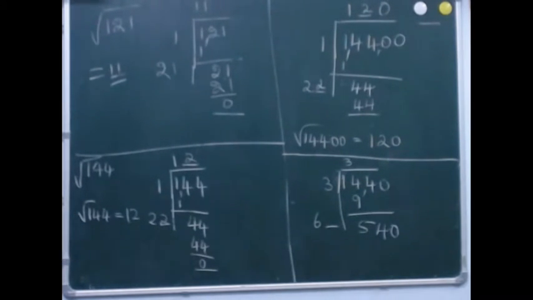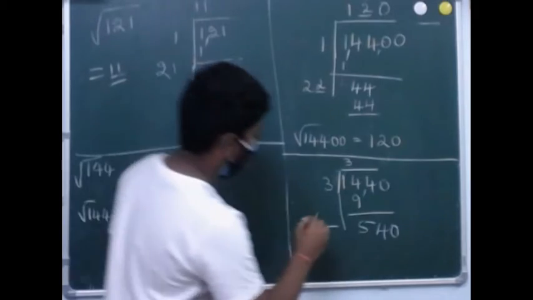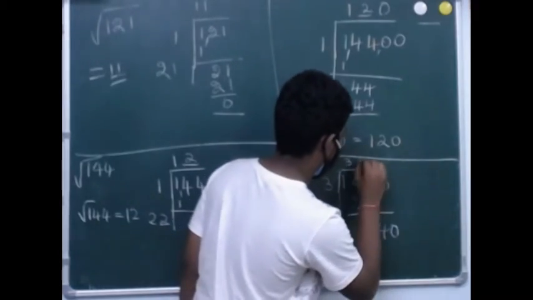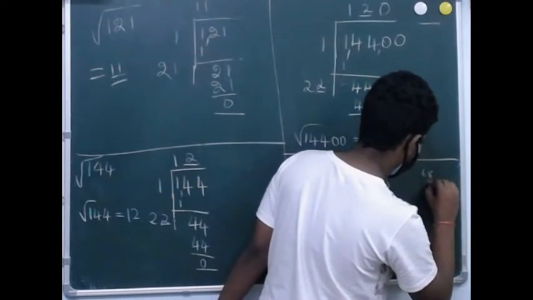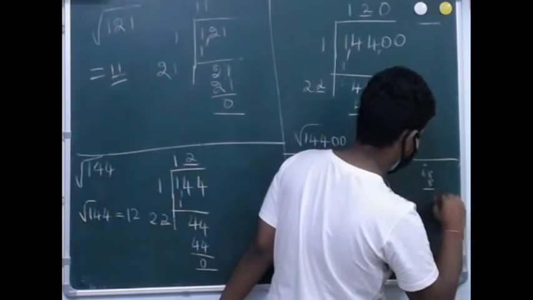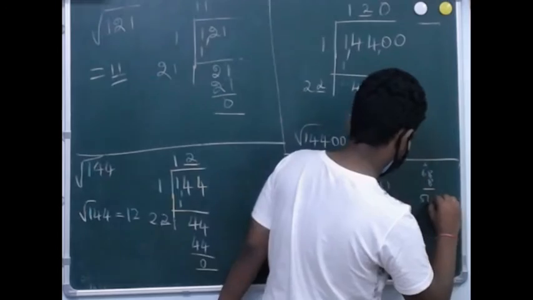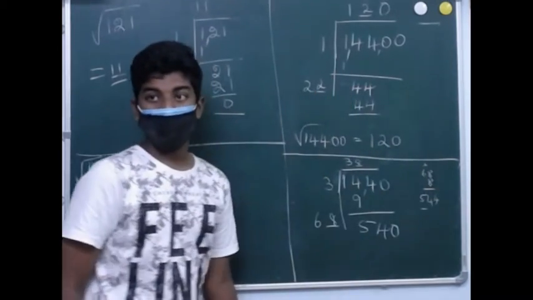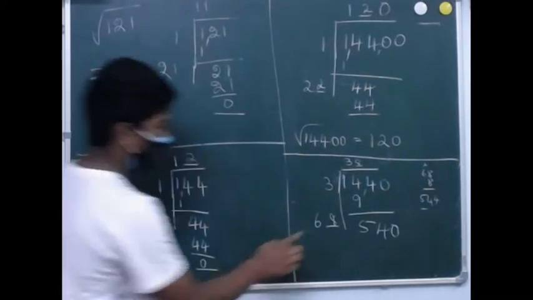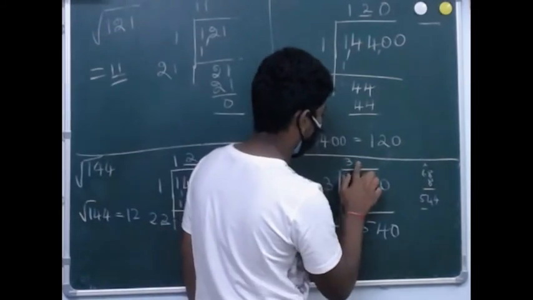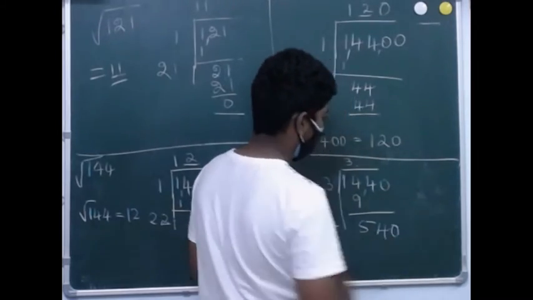So try with the 8. You put 8 there, and there also 8. So you have to multiply by 8. So 544. 544 exceeds the 540. So you cannot take 8. So in that case, prefer 7. So try with 7. So definitely it will come with 7. Okay. So write down 7 into 7.